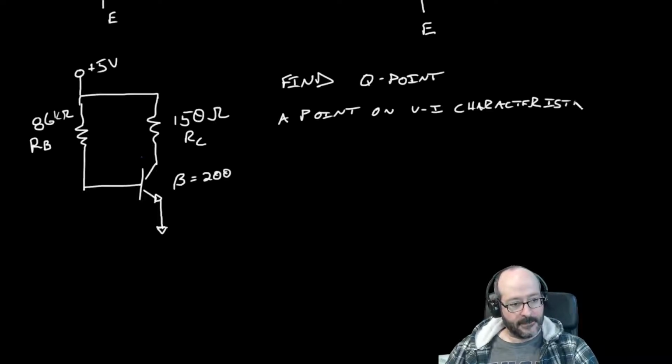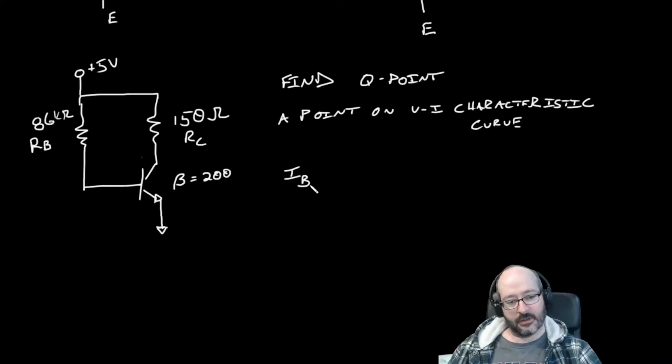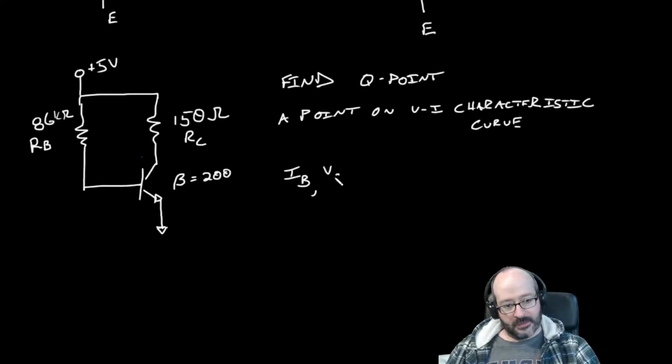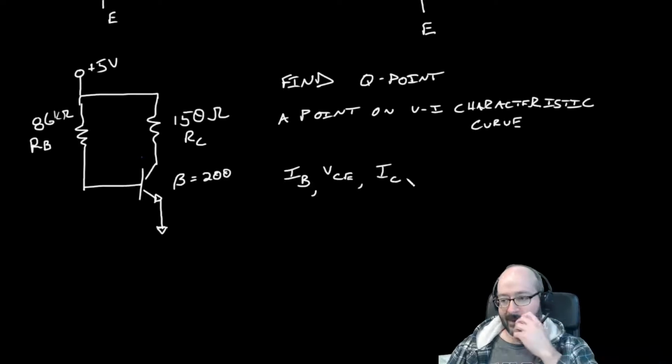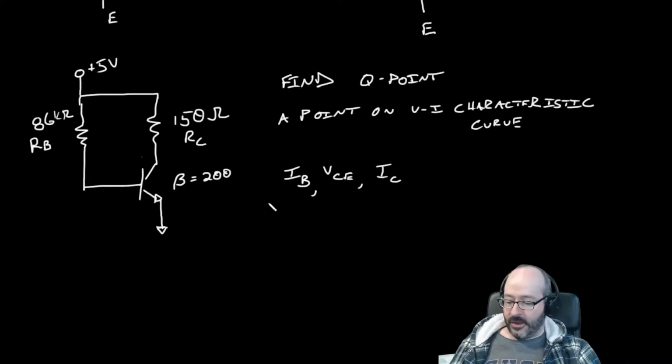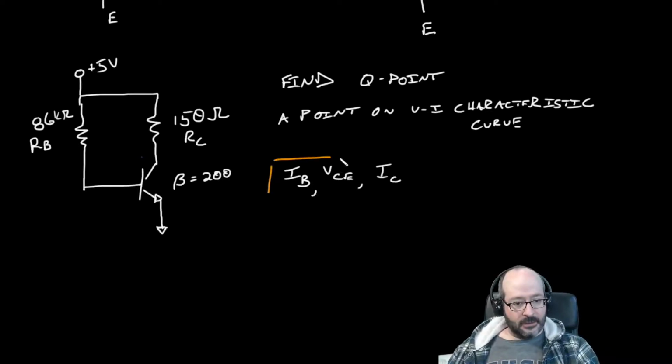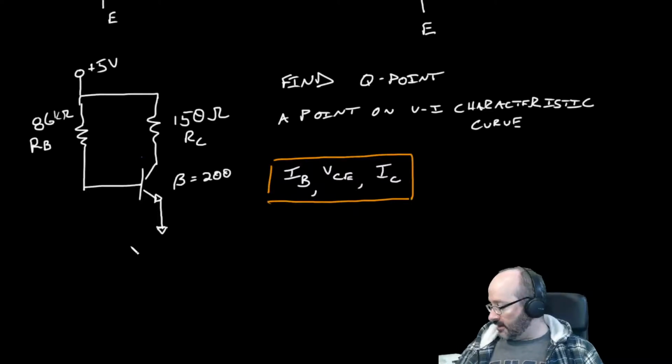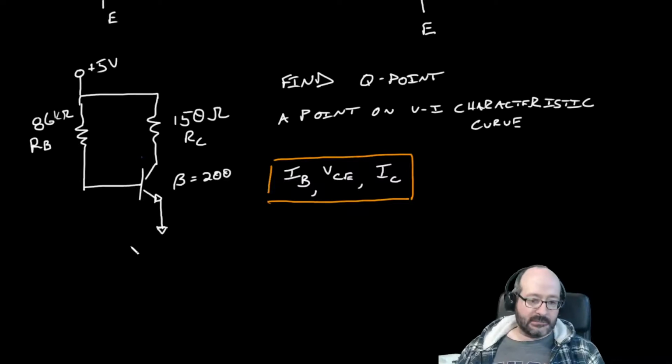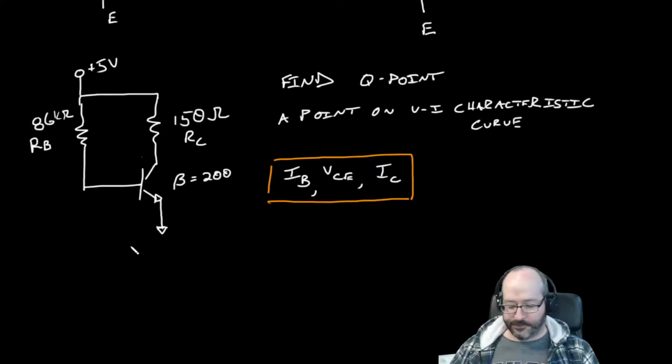One of the axes was IB, the one giving us all the steps in the curve. The other one was VCE. And then finally the output, the vertical axis, was IC. So these are the 3 values that define our Q point for this transistor. Once we have that, we can figure out what's going on.